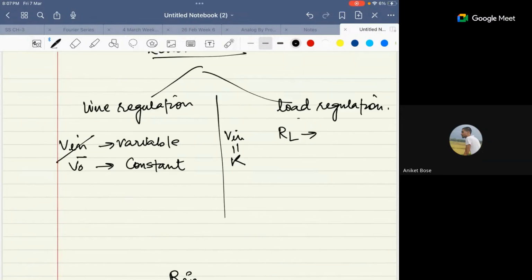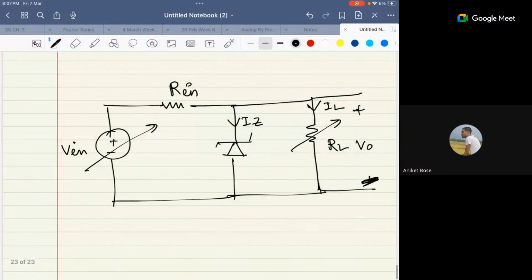Basically, you are varying the input voltage, but you can have some range of voltage that will make sure your Zener diode is always working in reverse bias, either without breakdown or with breakdown.